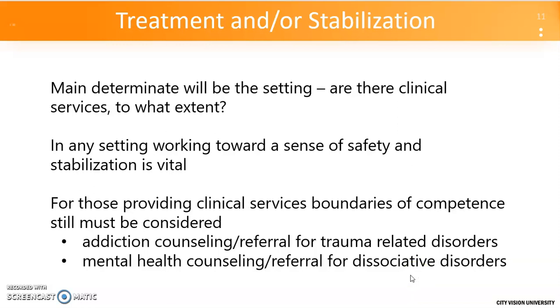So they may work with them regarding maybe PTSD. However, if they have a dissociative identity disorder and the clinician does not have specific training and experience with that, then they may refer for specific specialized treatment for that particular disorder. So it's all about this aspect of boundaries of competence, which is essentially ensuring that the treatment that you provide is aligned with the level of experience and training and so on of the individual.